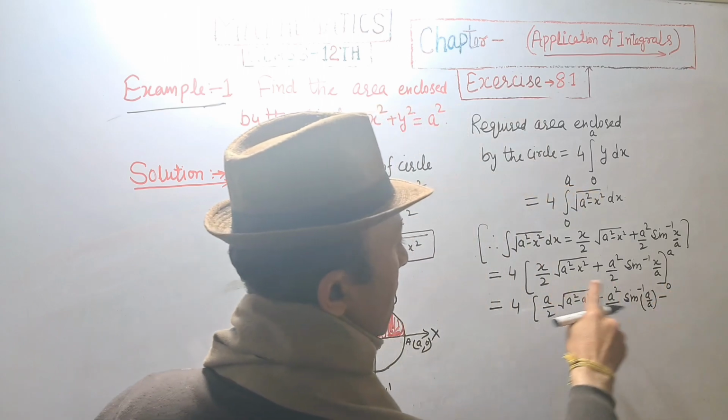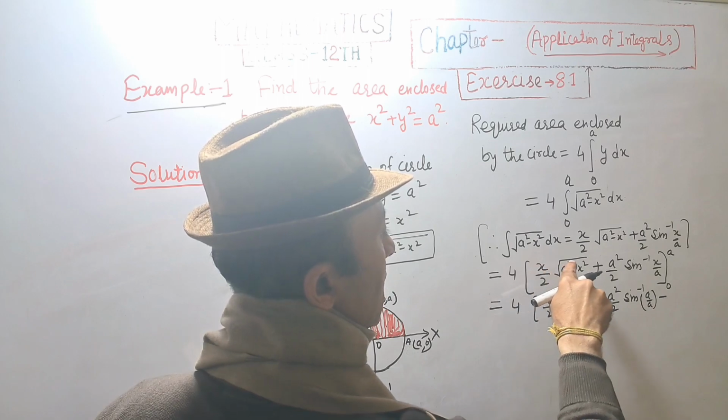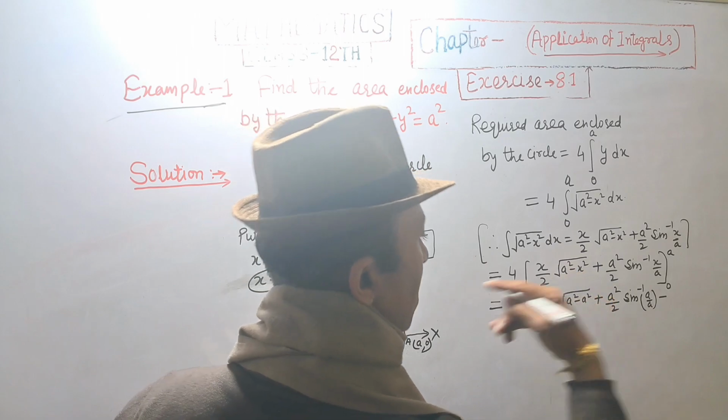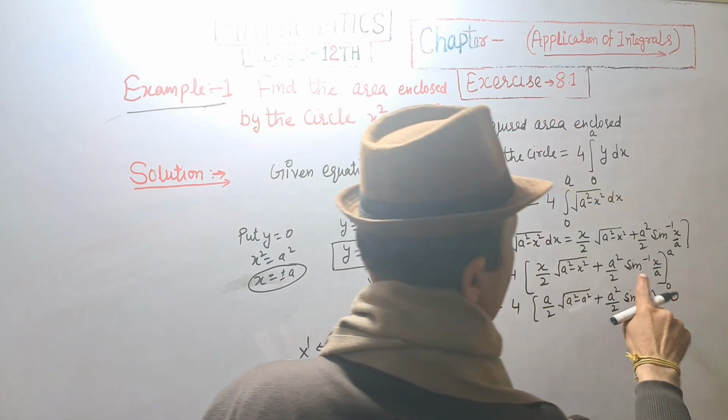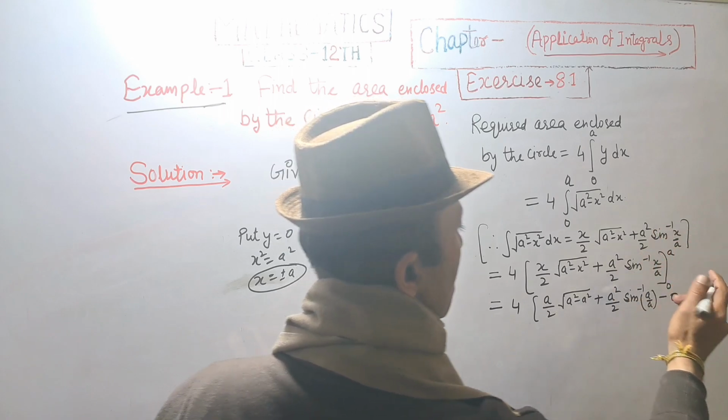minus lower limit, we are putting 0, 0 upon 2, 0 multiplying root a square minus 0 will be 0, and we are multiplying 0, sine inverse 0 will be 0.